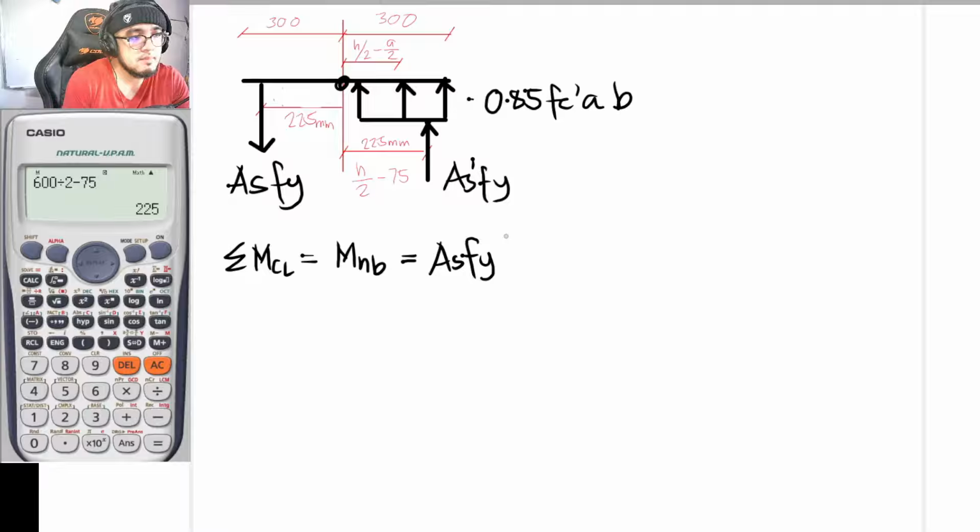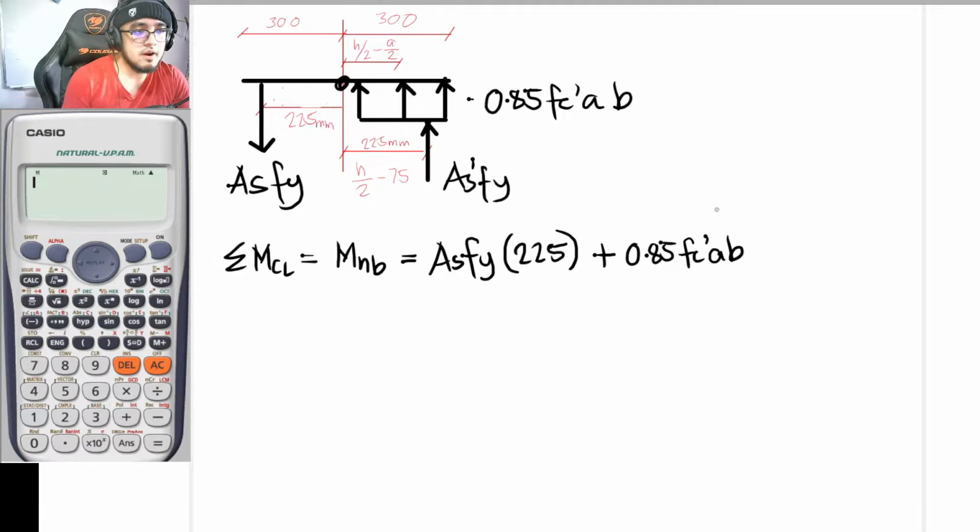A_s f_y times what is to be our lever arm, that is to be 225. So plus, let's go to the compression block, so that is to be equal to 0.85 f_c' a b, and of course times the lever arm, h over 2 minus a over 2.